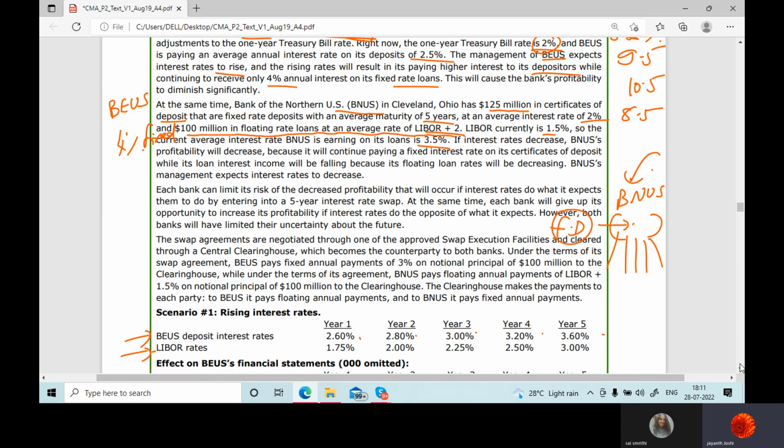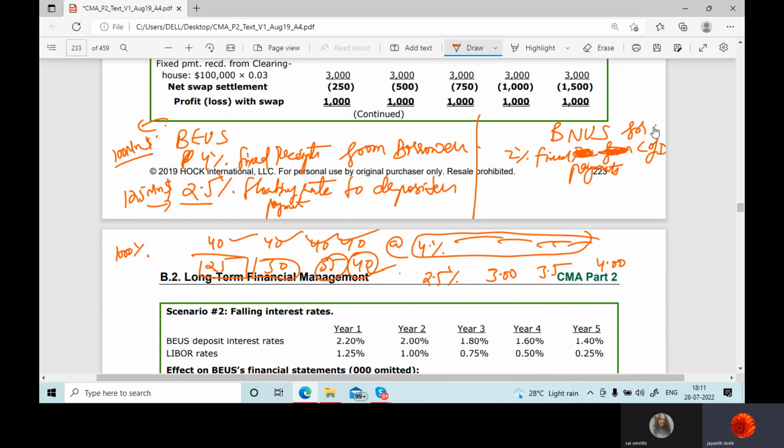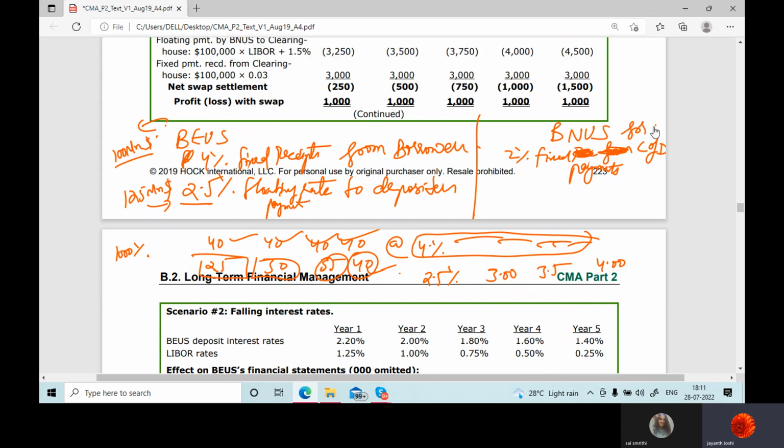That is fixed. So BNUS will make fixed payments at the rate of 2% to those people who have deposited their money with this Ohio based bank, to whom it has issued certificates of deposit.